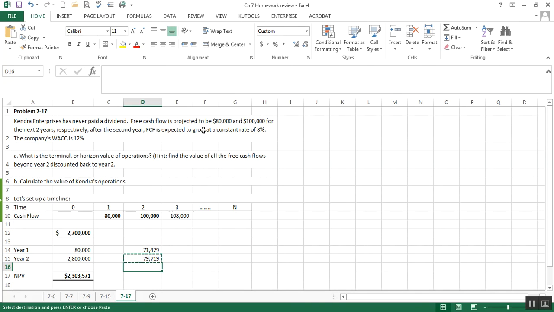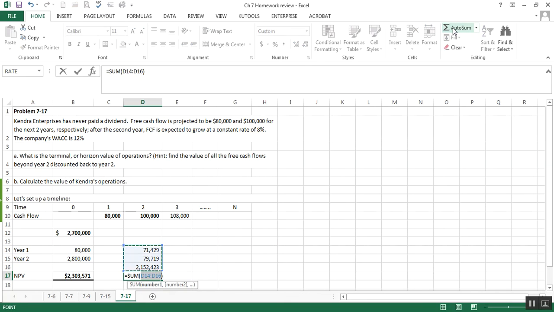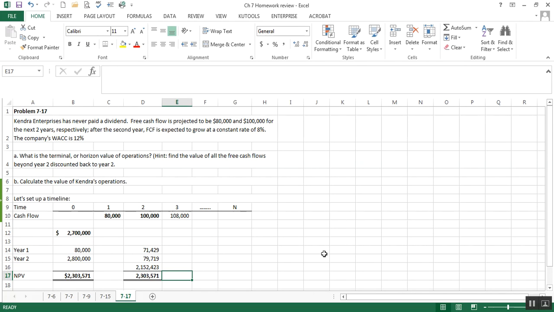Okay. And then we would also have to calculate the present value for the horizon value, which is also in year 2. We add the 3 present values together, and we get the same answer, 2,303,571. So those are 2 different methods to calculate the value of operations when the free cash flows are not constant.